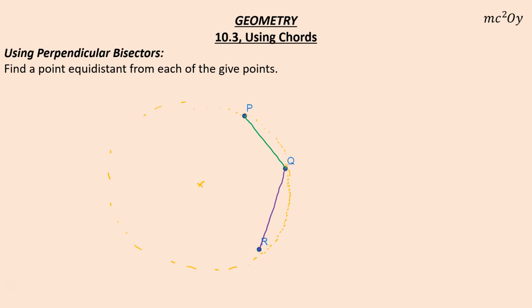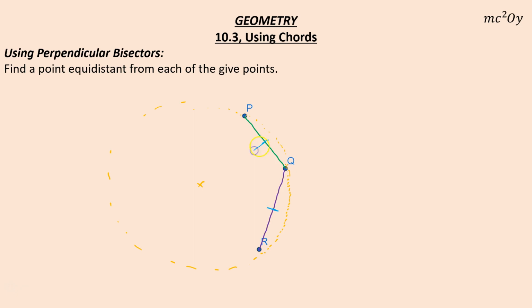All right. Well, if these were chords, then the perpendicular bisector of each chord would be a portion of our diameter, right? And so if you think of it that way, if I were to bisect this chord, I could actually construct the bisector, mind you, but I'm just going to estimate it. The halfway is about there. And if I were to bisect this chord, about halfway is there.